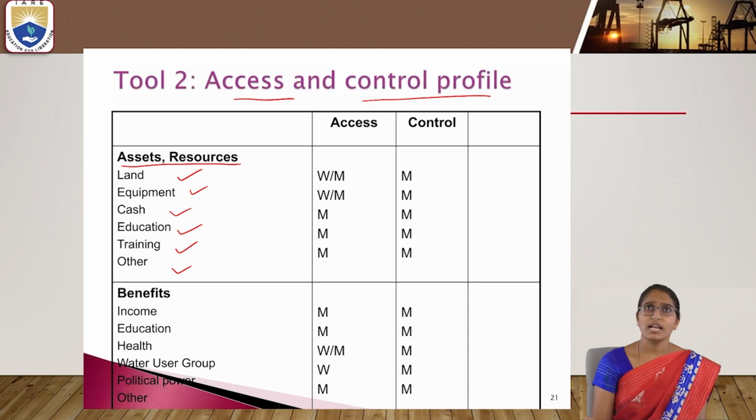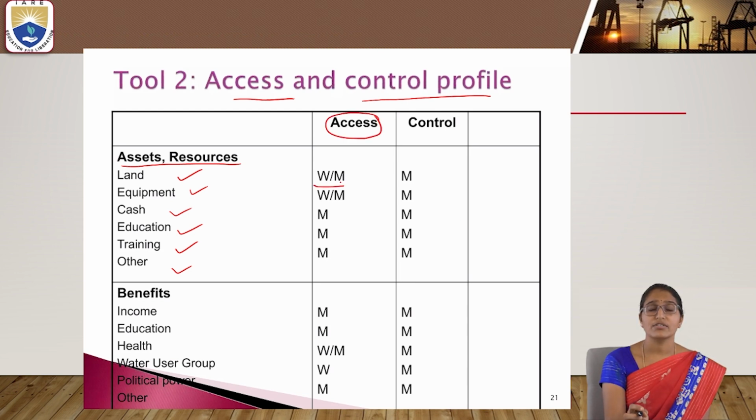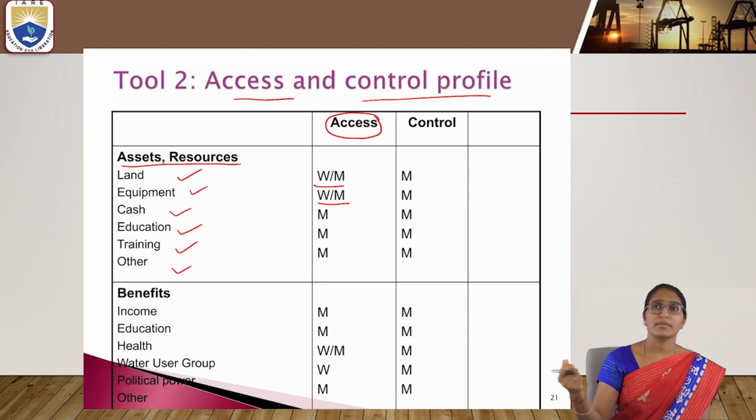For land, the access can be there for both women and men. Here also equipment, for example, for carrying out the cutting of a tree, you want some kind of axe.